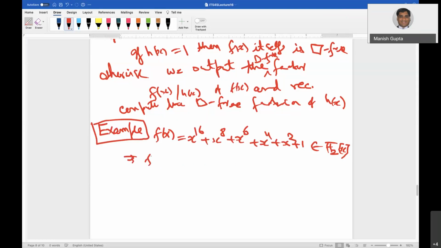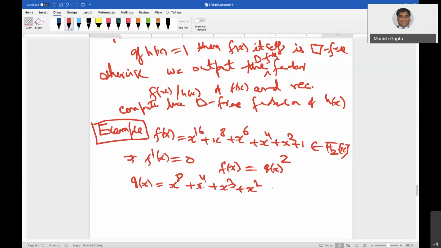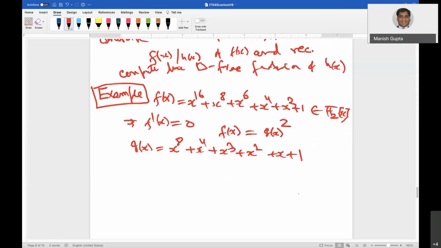This implies that f'(x) is equal to 0 because everything is even. In fact, f(x) can be written as g(x) squared, where g(x) is x raised to 8 plus x raised to 4 plus x cubed plus x squared plus x plus 1.